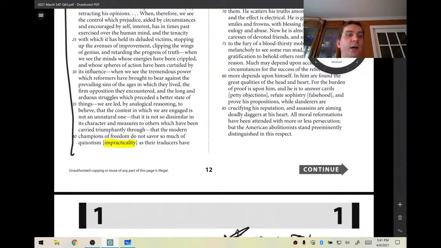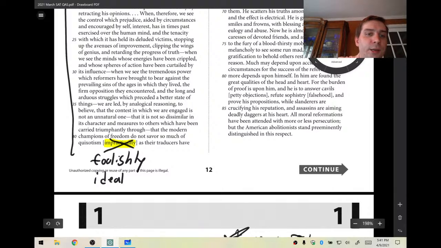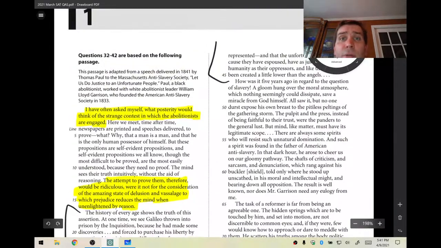If someone's quixotic, they're foolishly idealistic, like Don Quixote. That's where this word comes from. So if you ever read about Don Quixote, he was quixotic, foolishly idealistic. Impractical doesn't sound right. I'm going to give you a better definition. Foolishly idealistic, like Don Quixote, as their traducers have represented.